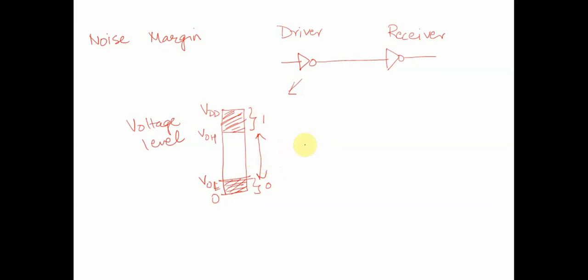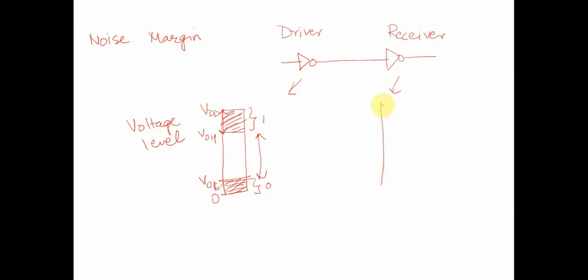So we would say the noise margin of this circuit is something like this; this is my output range. If my output is going as 1, it should be a value in the range of VOH to VDD. And if my output value is going as 0, it should be in the range of VOL and VOH.